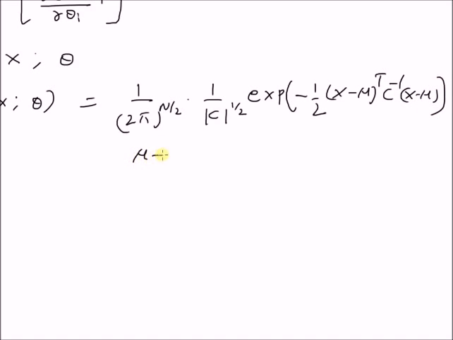Here mu denotes mu of theta, and C denotes C of theta. For simplicity, we ignore the parameter theta in the definition of mu and C.